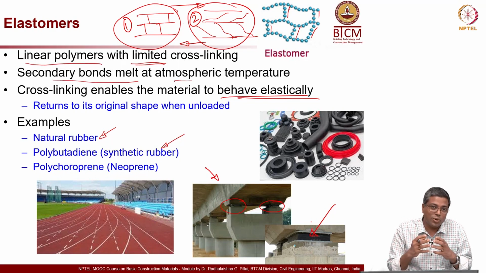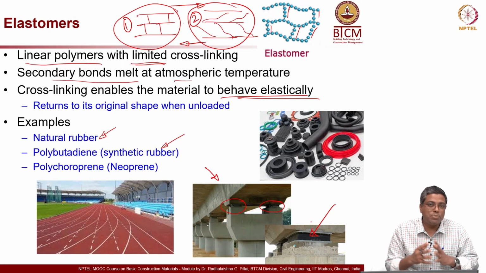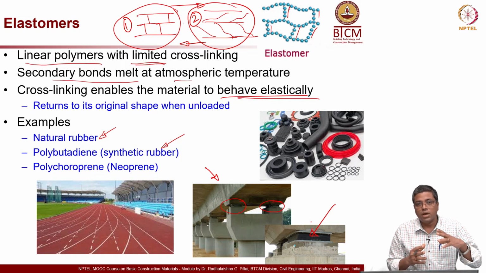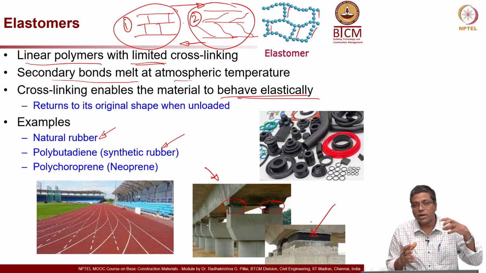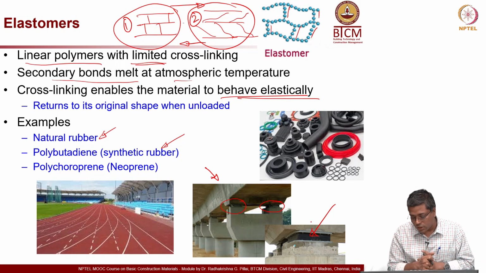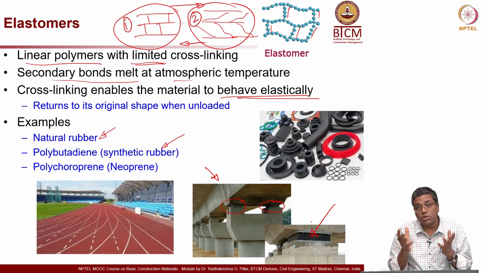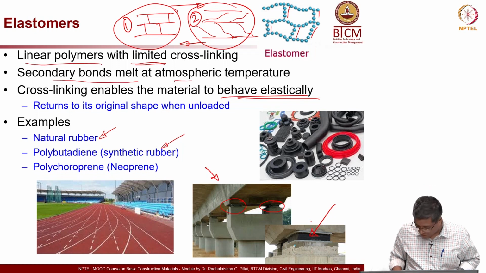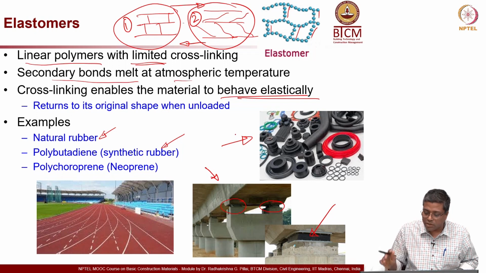You dissipate some of the energy because of this shoe, so that some of the vibratory load which is coming from the girders does not get transferred to the column. So, they provide the necessary energy dissipation over there, and help the bridge function the way it needs to function. And there are also a lot of other products which are made of these elastomers.